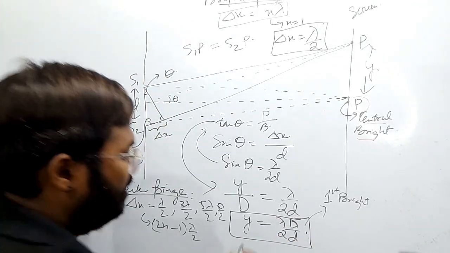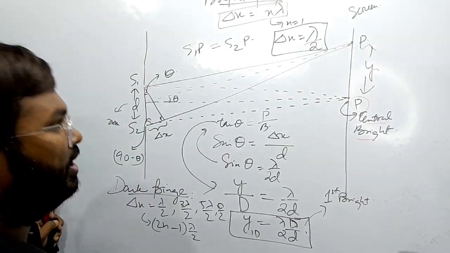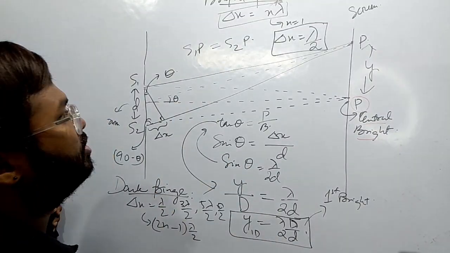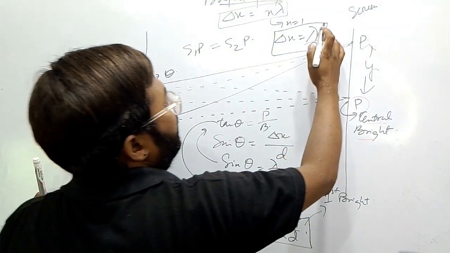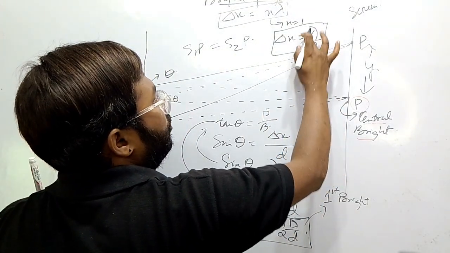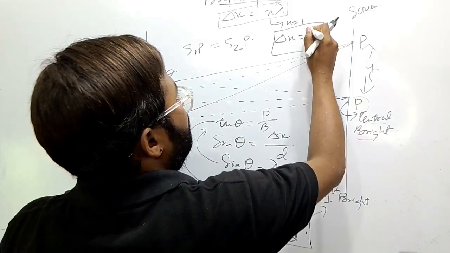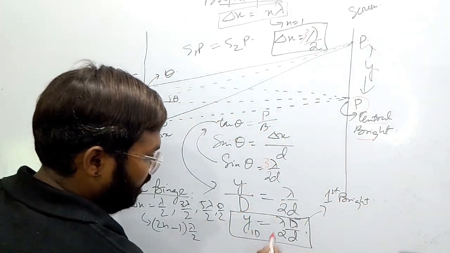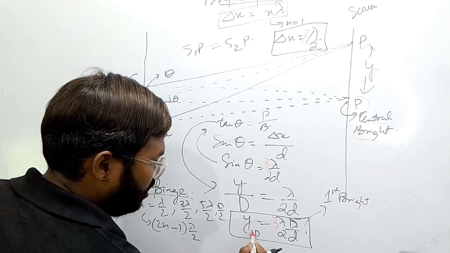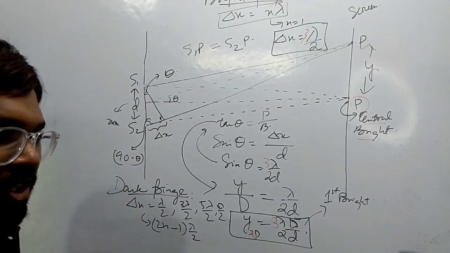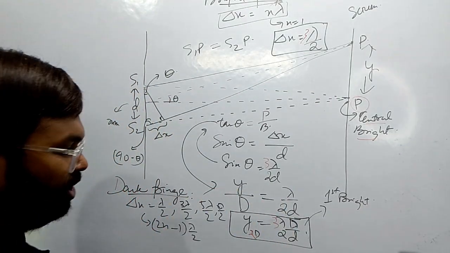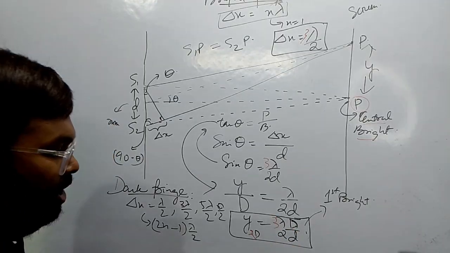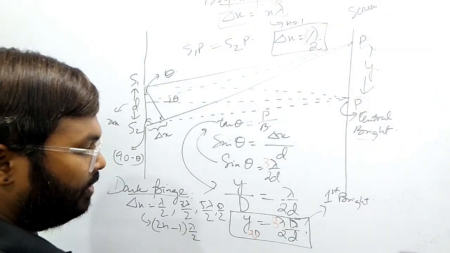This is the first dark fringe. For the second dark fringe, you'll have 3 lambda by 2. For the third also, you'll have 5 lambda by 2d.